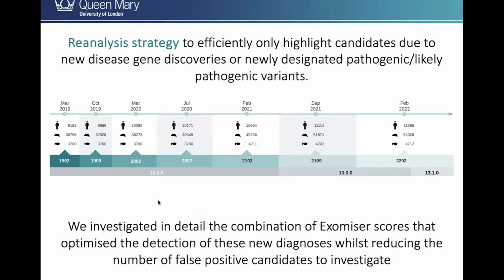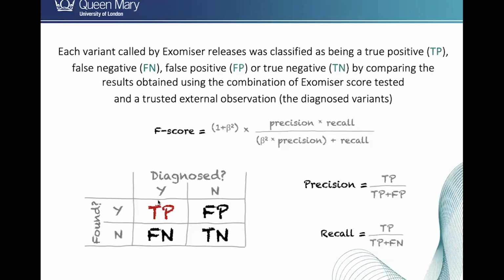From this data, we investigated in detail the combination of Exomiser scores that optimized the detection of these new diagnoses while still reducing the number of false positive candidates to investigate.